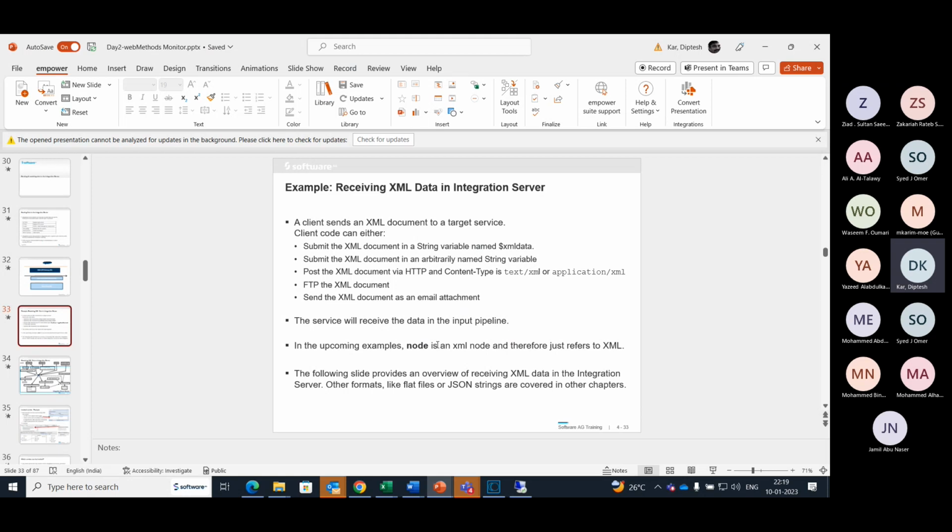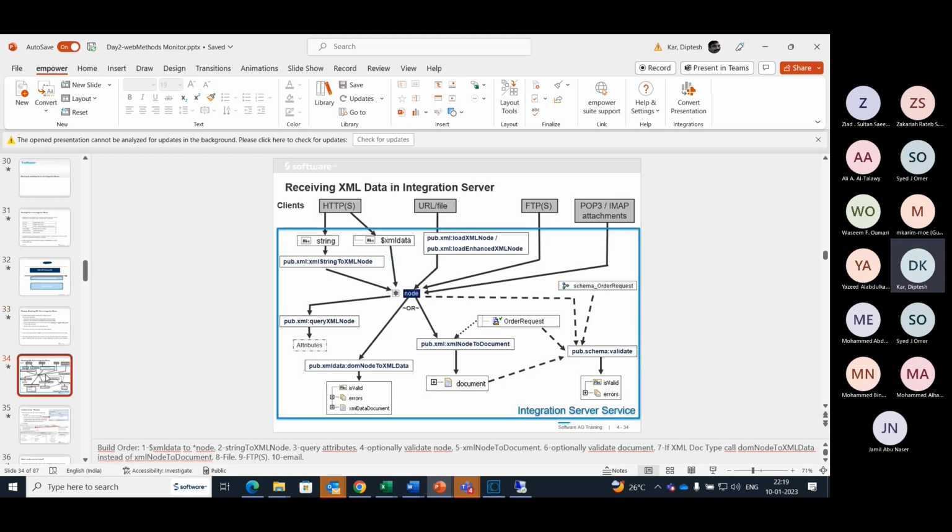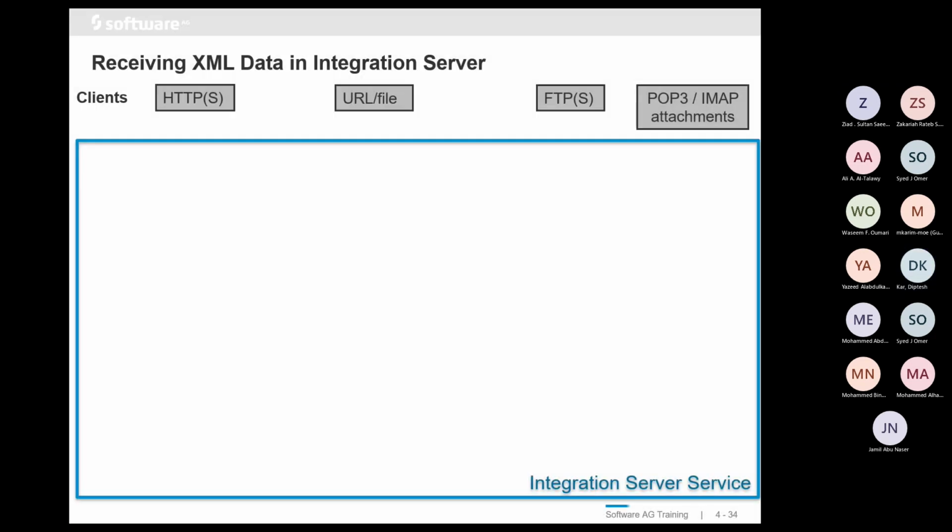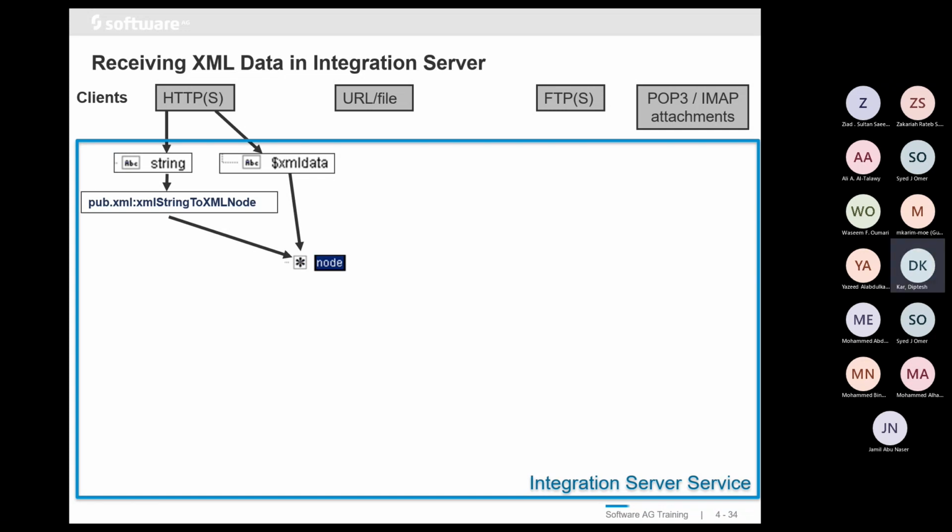There are a few steps which we do. I'll show you the next slide. Okay, it is not in slideshow mode. So from any protocol or port, when we receive XML data, we receive it in a node format.